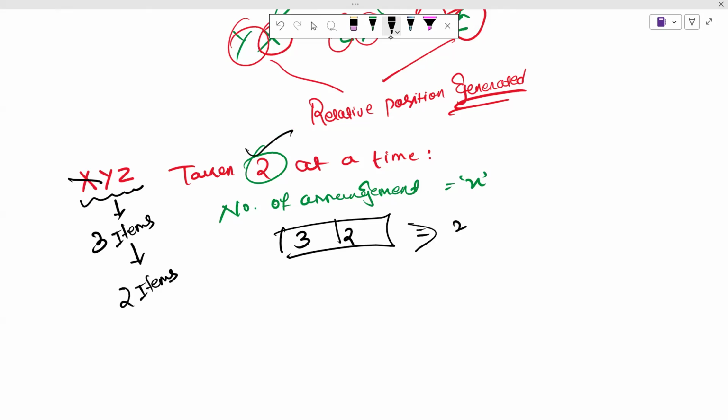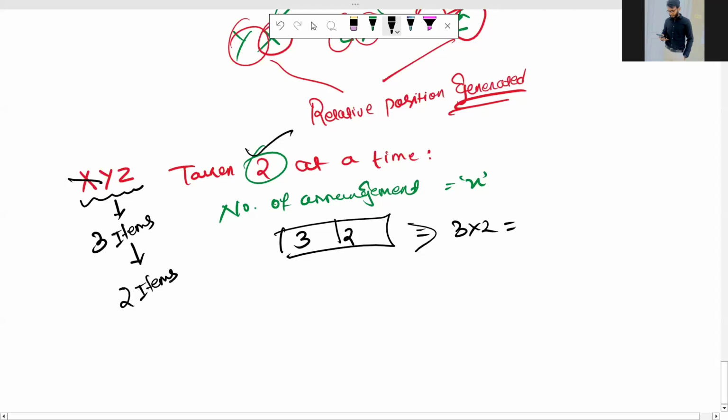So likewise, 3 multiplied by 2 equals 6. This is the point.